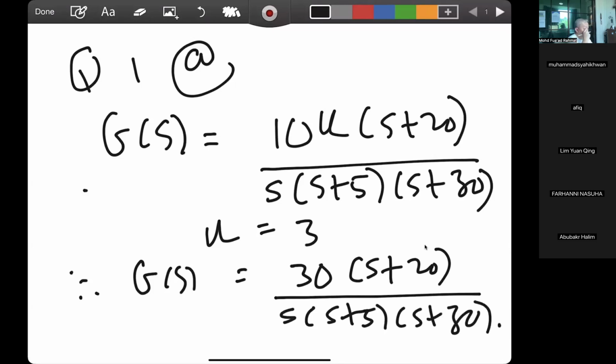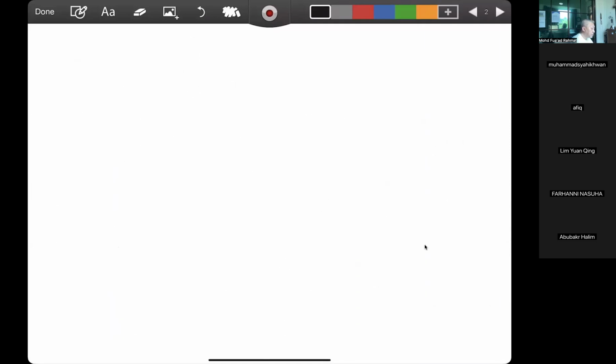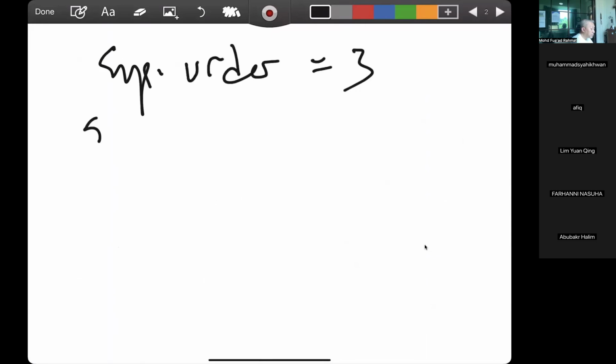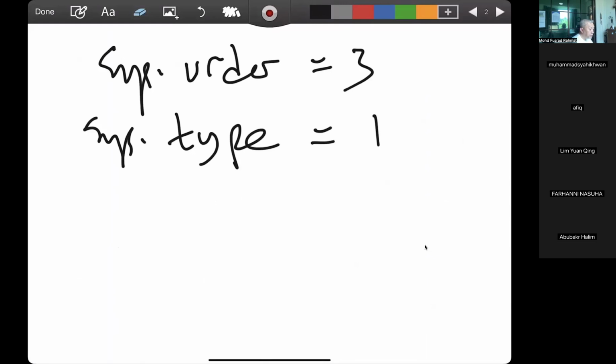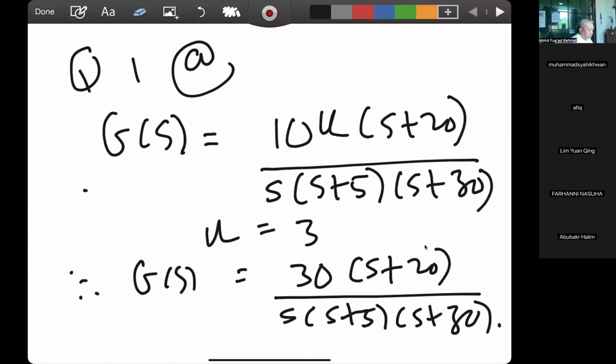S plus 30. Okay. So system order is 3. System type is 1. Okay. So based on here, highest order is 3, and this one is S to the power of 1.